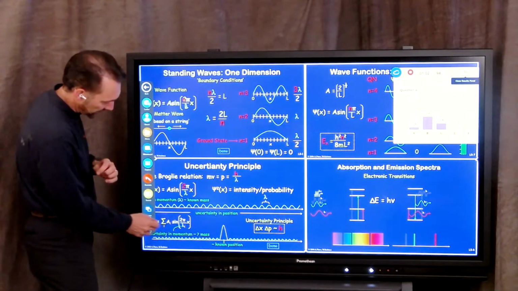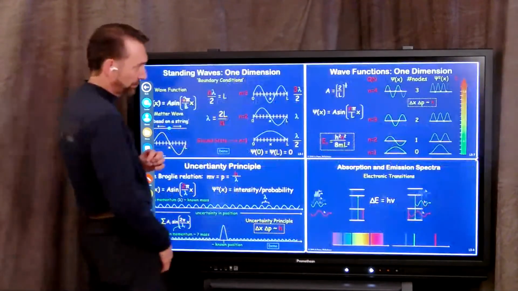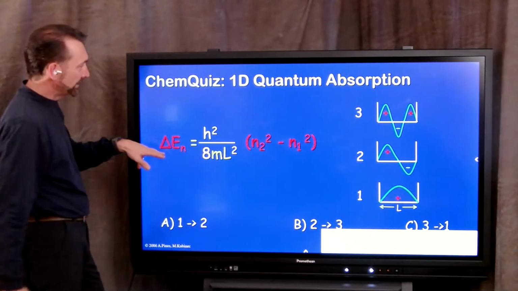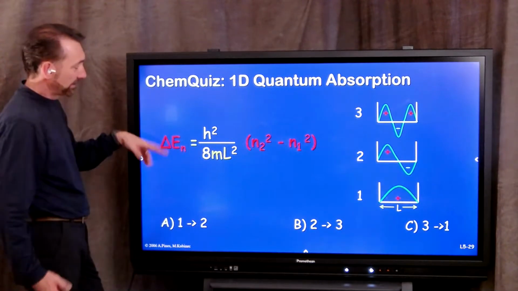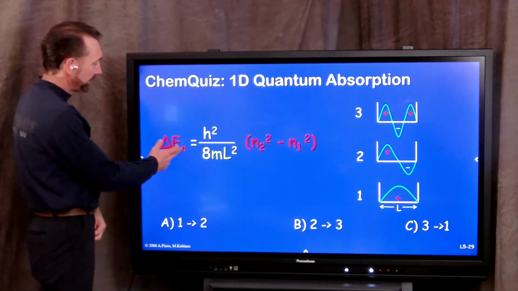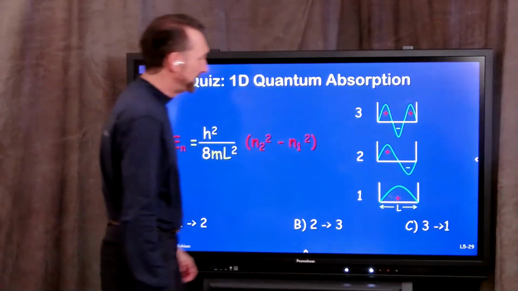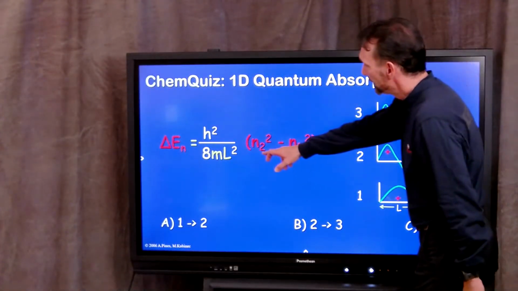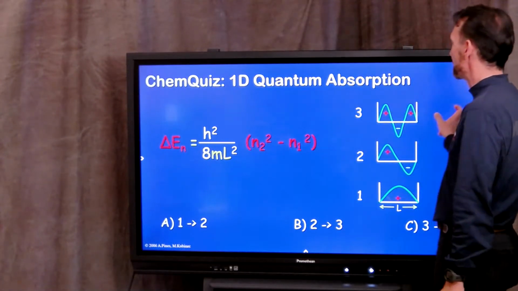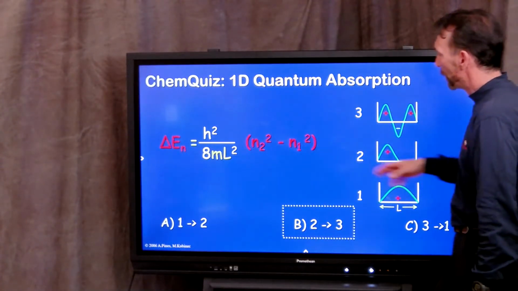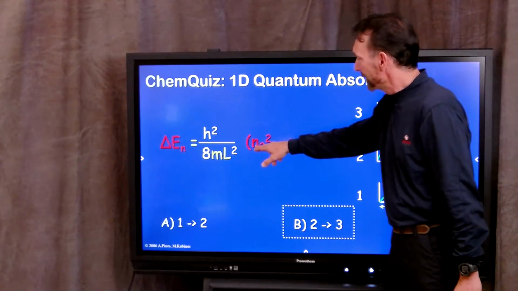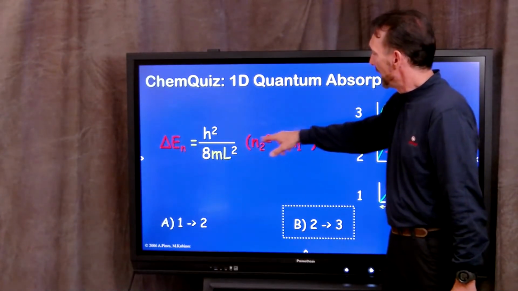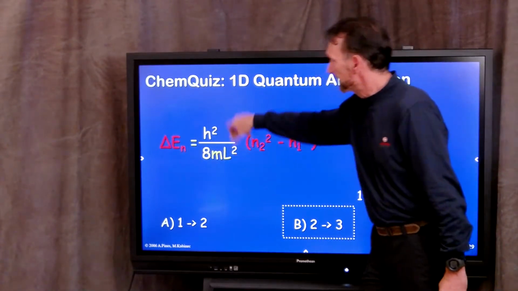So I will take control of the screen back. And I think you're saying, and you're saying correctly, that the energy difference between any two states is the energy of the final minus the energy of the initial. So the energy of the final state, state 2, is n squared times the energy relationship.